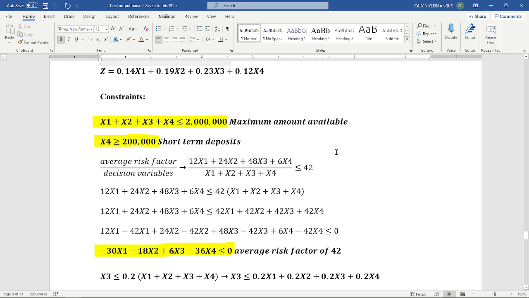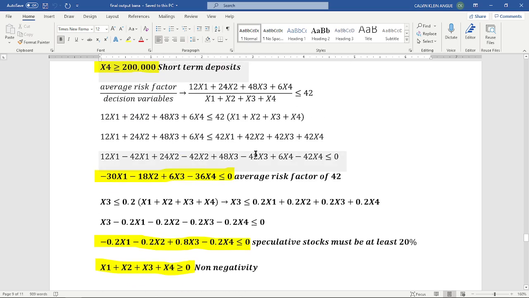For our third constraint, this is the average risk factor over decision variables. So when we solve this, it will be 12x1 plus 24x2 plus 48x3 plus 6x4 less than or equal to 42 times x1 plus x2 plus x3 plus x4.